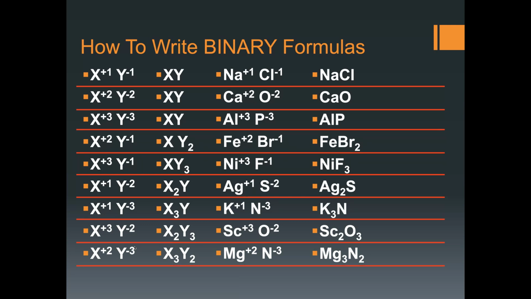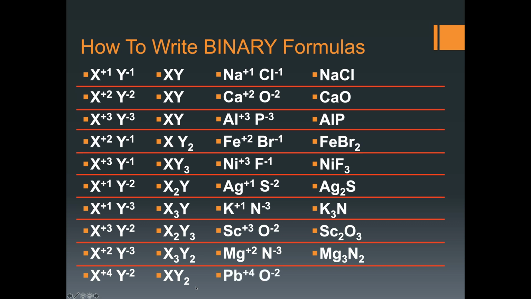Now, there's a case where drop and swap will need one additional step. If we have plus 4 and minus 2, if we drop and swap, we'll get X2Y4. But we can do better than that. It takes 2 minus 2's to cancel out a plus 4. So therefore, we can simplify X2Y4 to XY2.